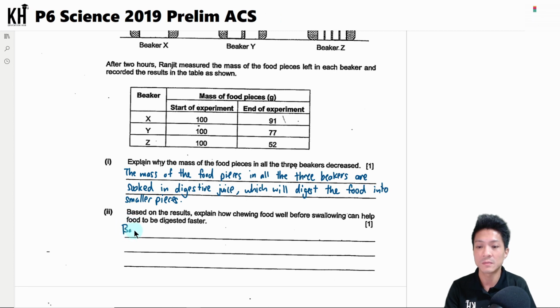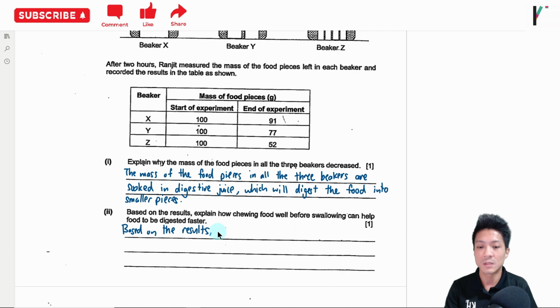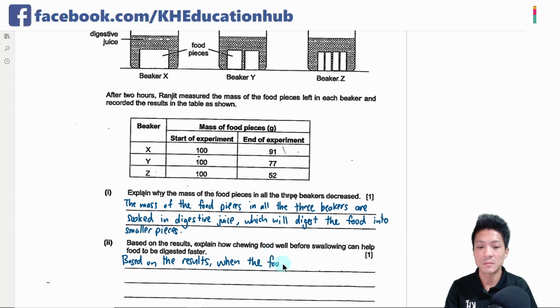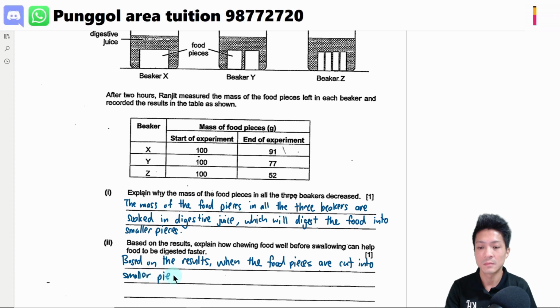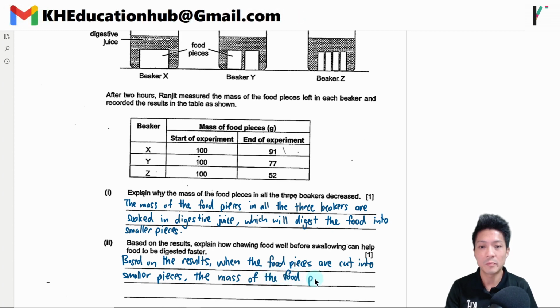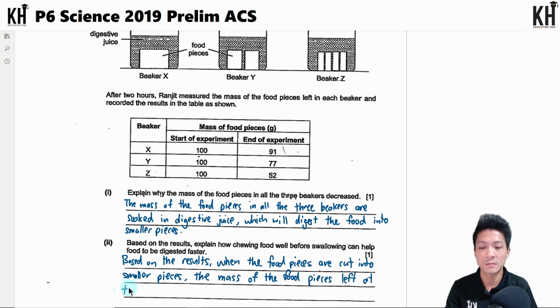Okay, based on the results, when the food pieces are cut into smaller pieces, the mass of the food pieces left at the end is lesser.